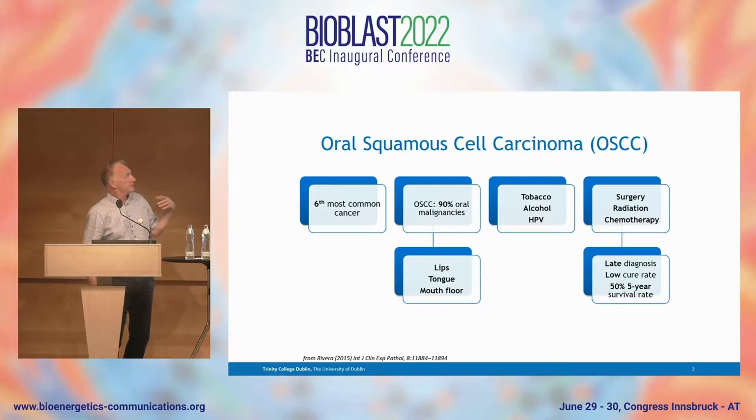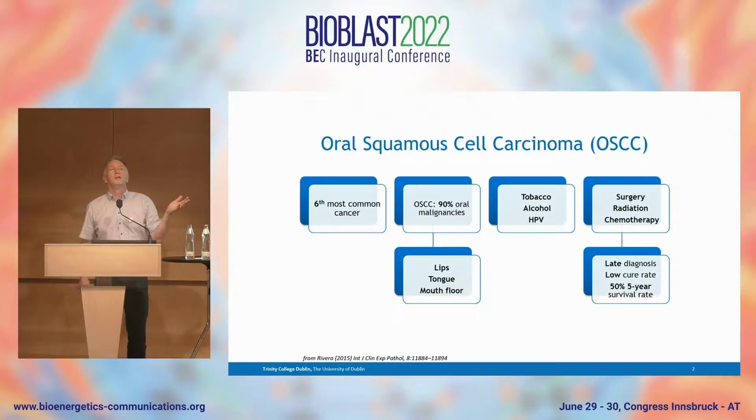Oral squamous cancer cells are the sixth most common cause of cancer. They represent 90% of oral malignancies. They occur on the lips and the tongue, and we looked at the tongue cancers and mouth flora. The protagonists in causing them are tobacco, excessive alcohol drinking, which we better mind ourselves about, and human papillomavirus.